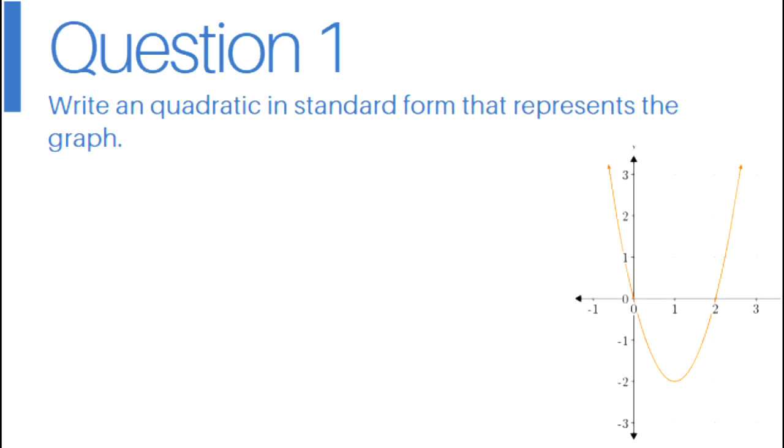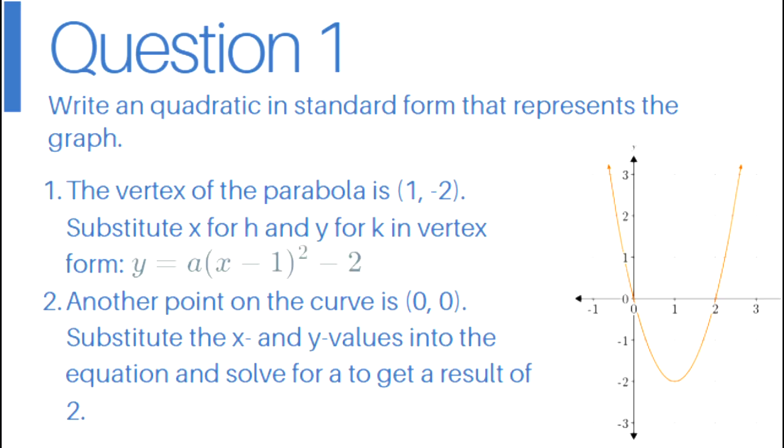Here's question 1. Write a quadratic in standard form that represents the graph. We can do this together. You can go ahead and try it on your own and come back if you want to, whatever you want. The vertex of the parabola is (-1, -2). That's right there. Substitute x for h and y for k in vertex form, which means that h is -1, because remember we flip the sign for h, and k is -2.